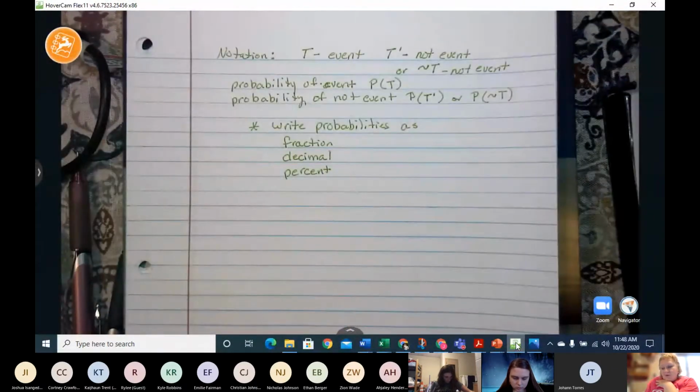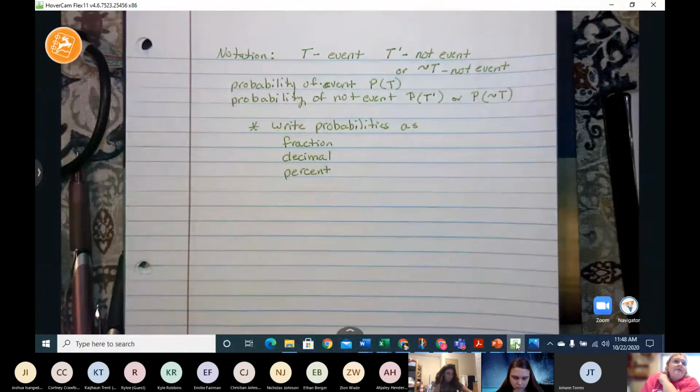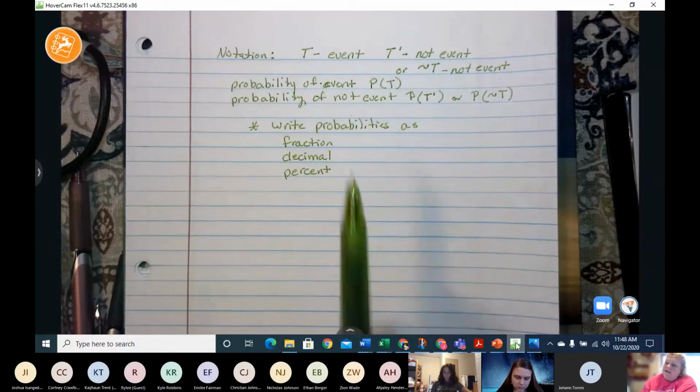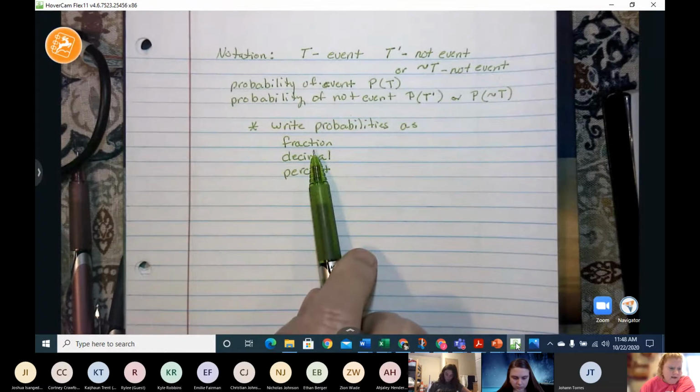If there is no direction given, you would always write it in the fraction form. So that's your standard rule. If no direction is given to indicate differently, give your probability in the fraction form. And when you give it in fraction form, it should always be in simplest form.